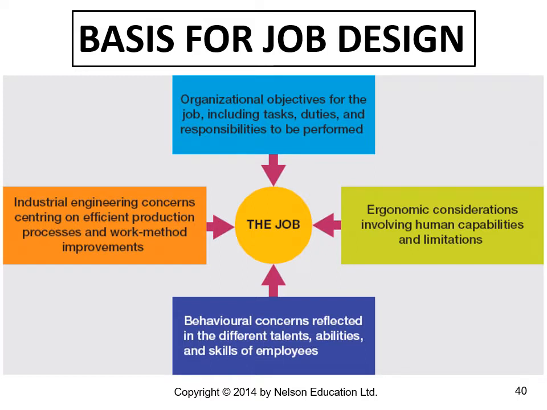So we're looking first of all at organizational objectives for the job. So those are the tasks, the duties, and the responsibilities to be performed. So how do we make those more effective and also make us happier? We also look at behavior concerns related to the different talents, abilities, and skills of our employees. The final 2 that we'll look at briefly are industrial engineering concerns and ergonomic considerations.